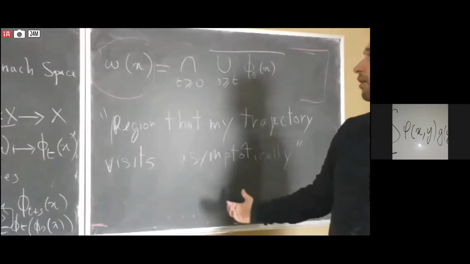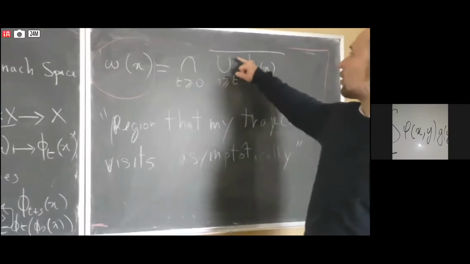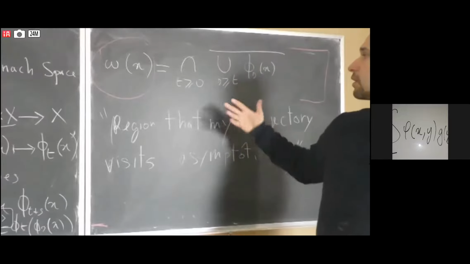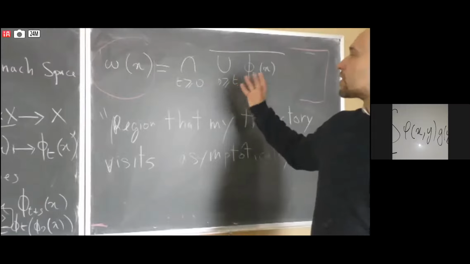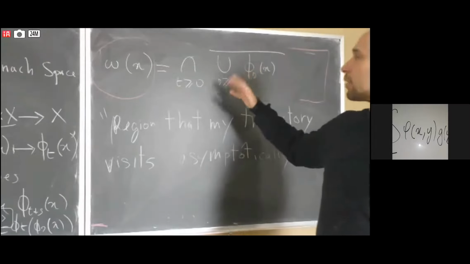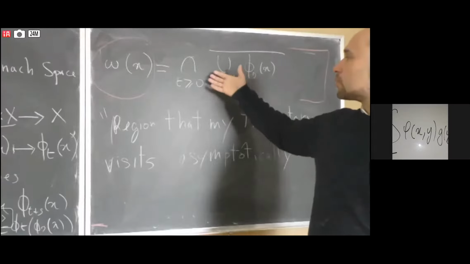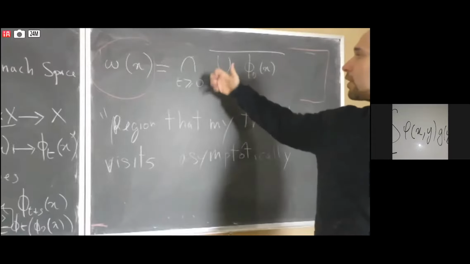I take the closure because it's not only the points that I visit, but the points that I will pass close to, as close as I want.